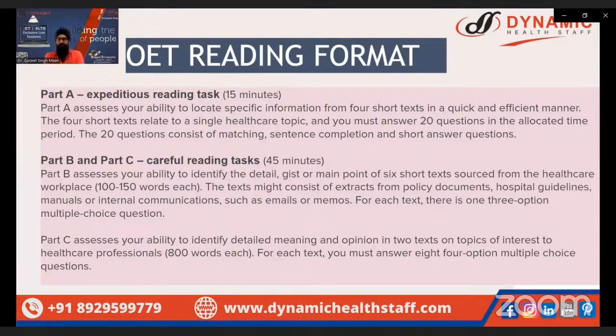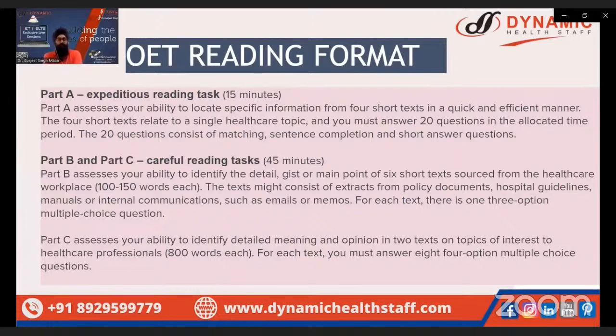And there will be 20 questions, which will consist of the first 7 questions as matching, the next 7 questions as sentence completion, and the last 6 questions will be short answer questions. So you have to understand how to approach all these three differently. Coming to parts B and C, after 15 minutes, you have to cover parts B and C altogether in 45 minutes.